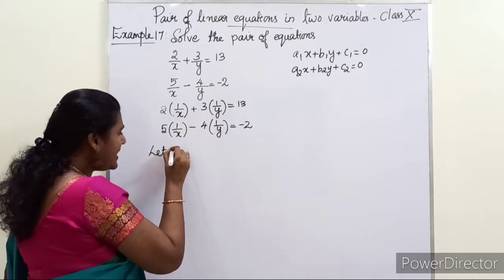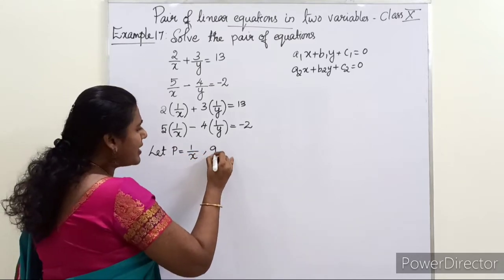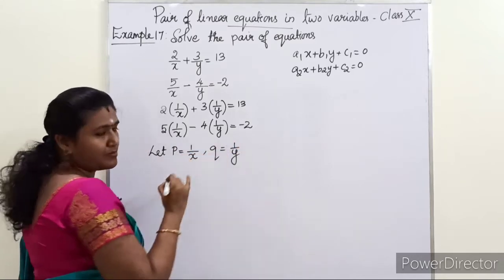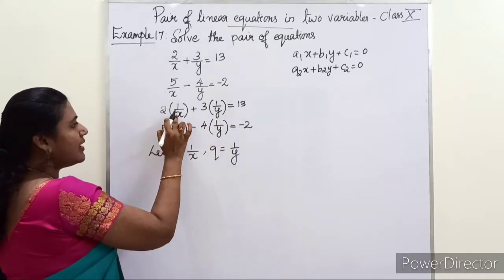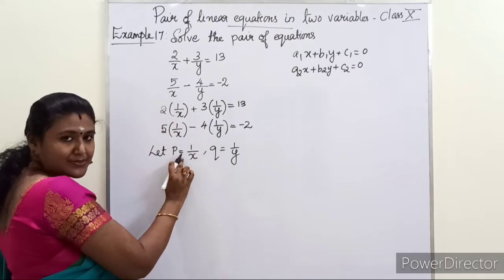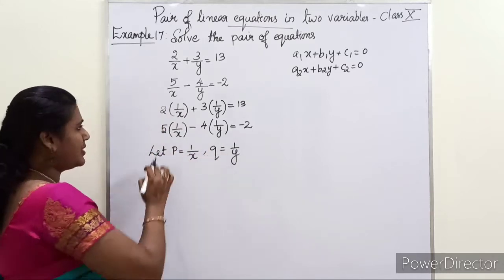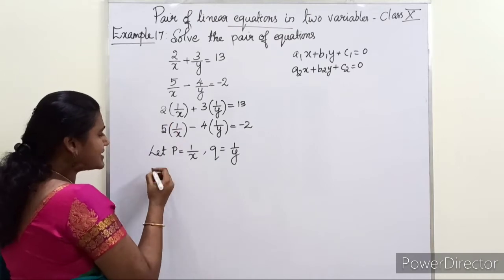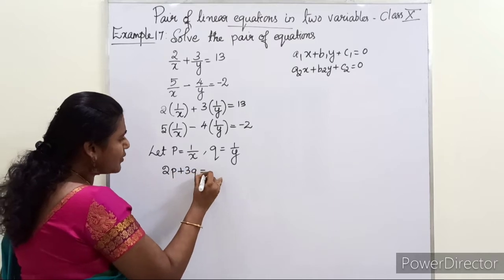So let p be 1 by x and q be 1 by y. So these two equations reduce to, in the place of 1 by x we substitute p and in the place of 1 by y we substitute q. So these two equations change to 2p plus 3q is equal to 13.